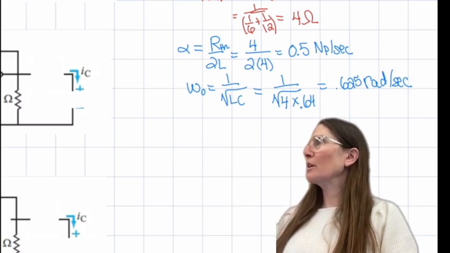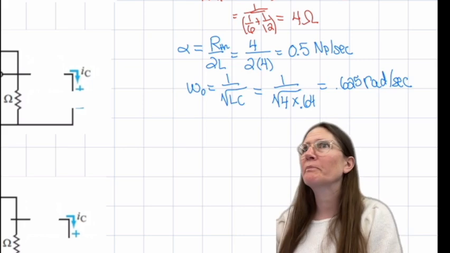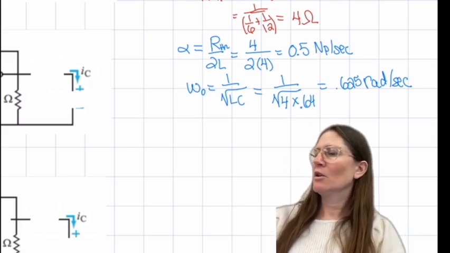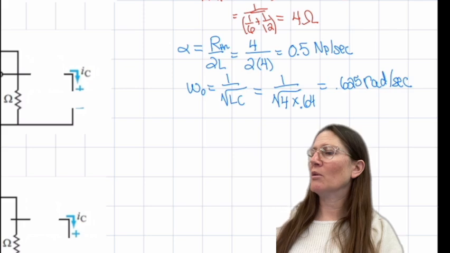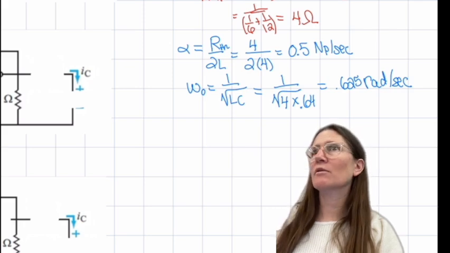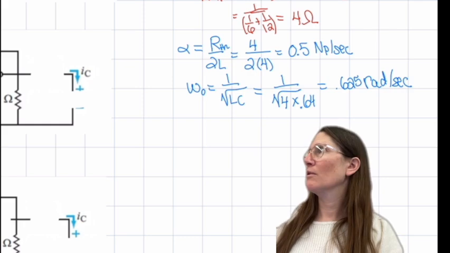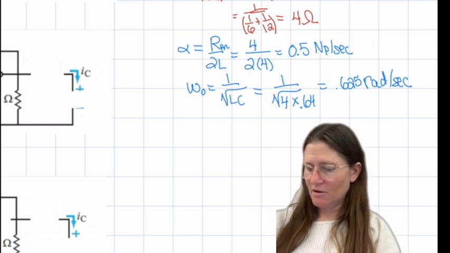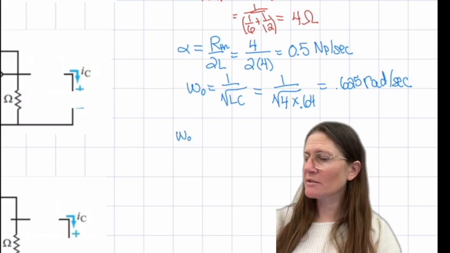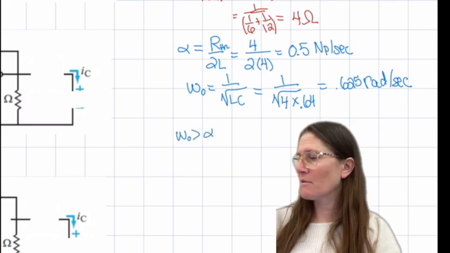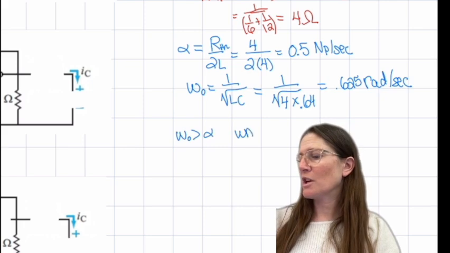So what are we in with this one? What characteristic do we have? Okay. So omega naught is greater than alpha, so underdamped.